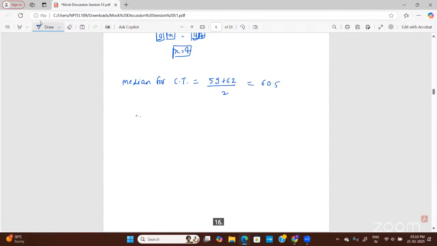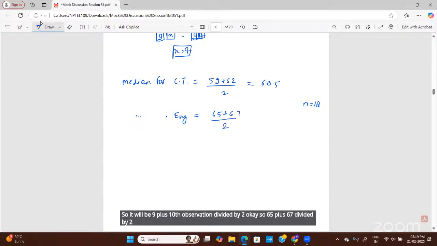Similarly, the median for English. For English we have n equals 18, so it will be the 9th plus the 10th observation divided by 2. So 65 plus 67 divided by 2 will be 66.